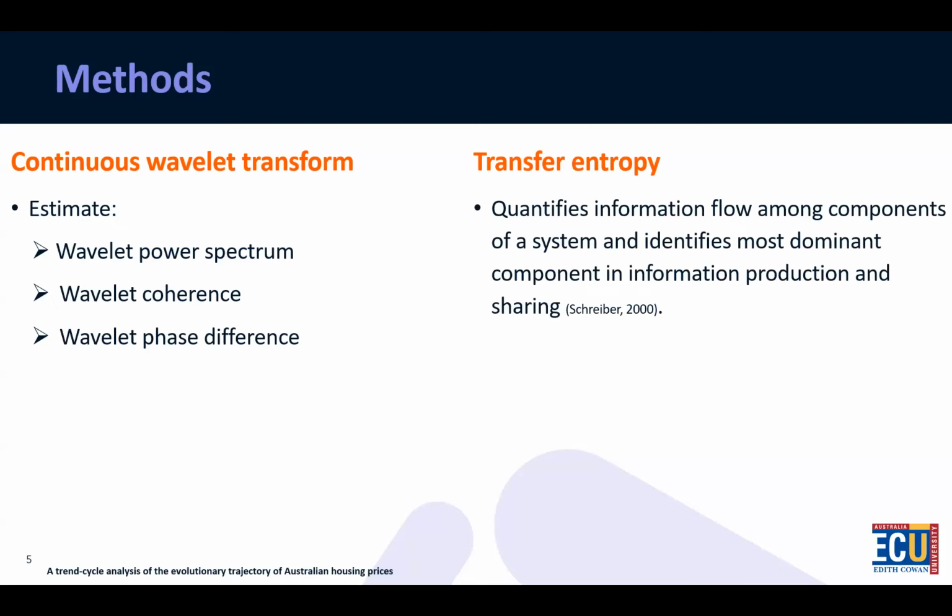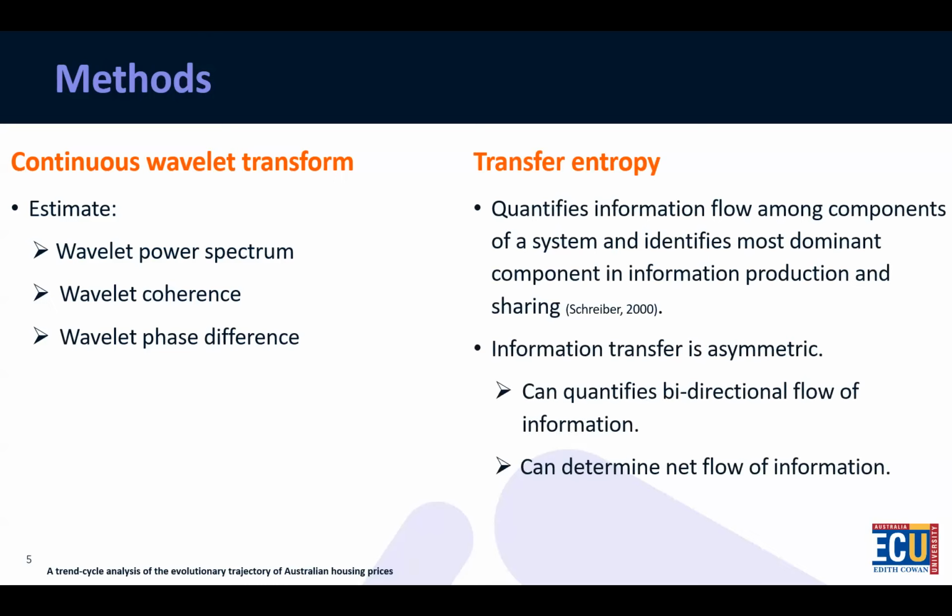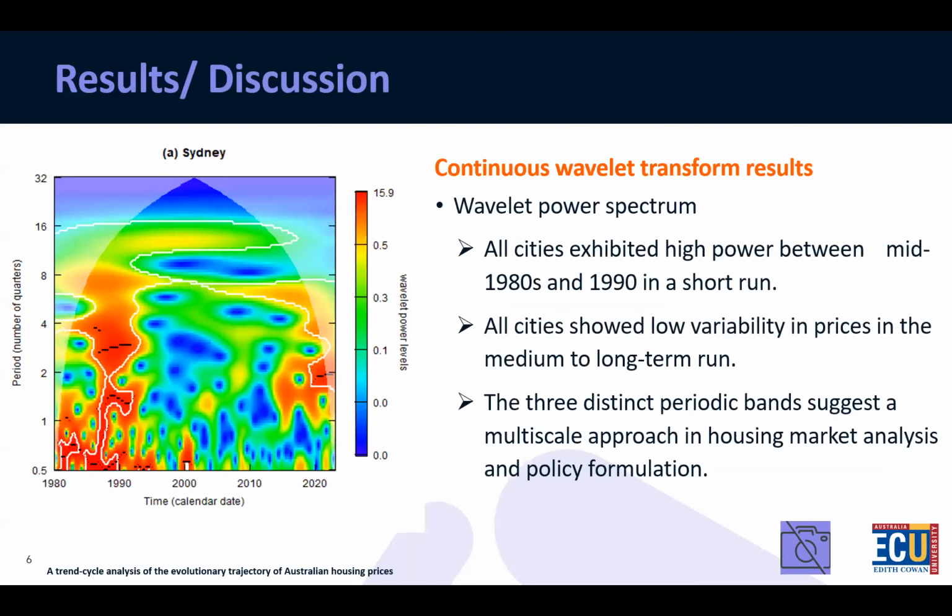This technique can quantify information flow between two processes or time series. And because information transfer is asymmetric, it can quantify the bidirectional flow of information and can also determine net information output. With that, we're able to identify the eventual leading or dominant city in the multivariate or pairwise relationship. So, some results.